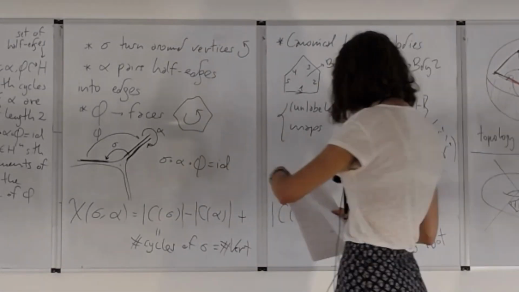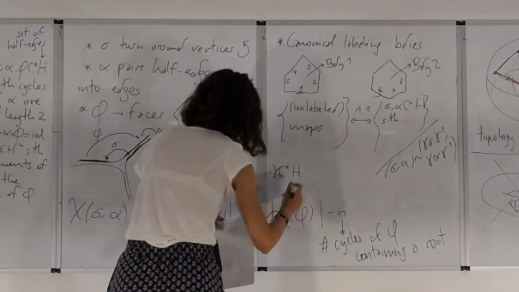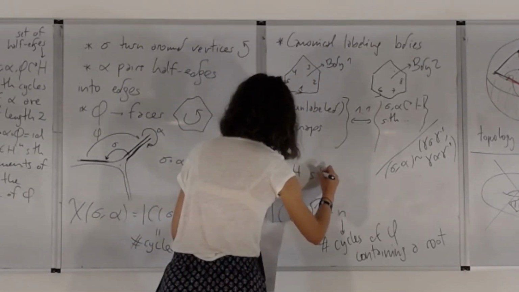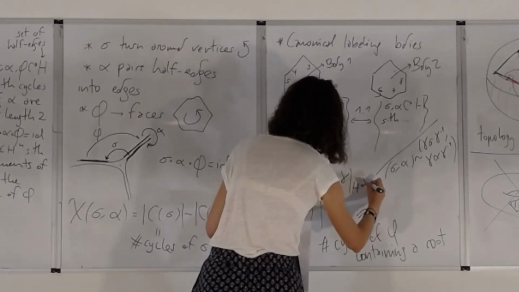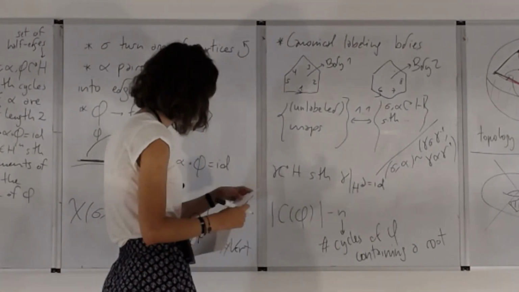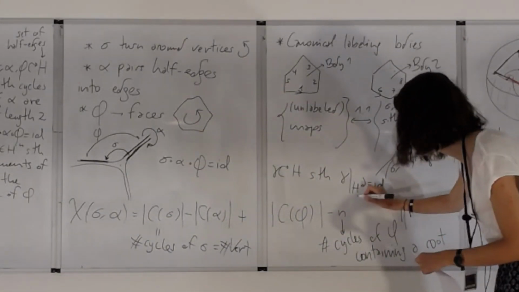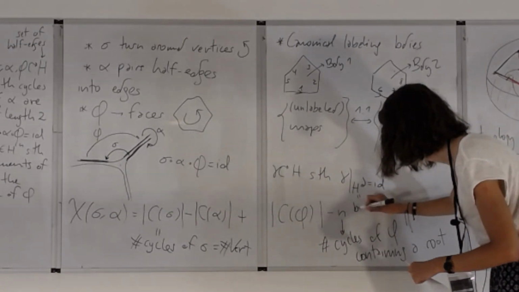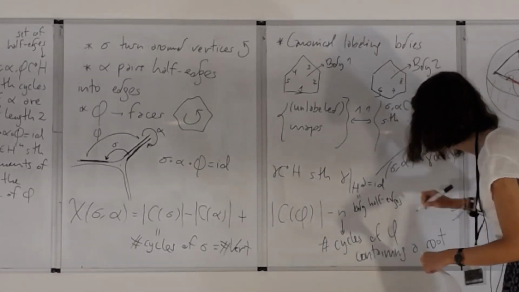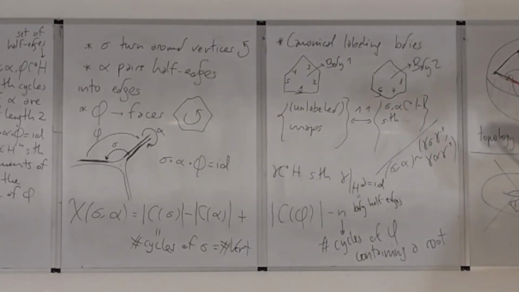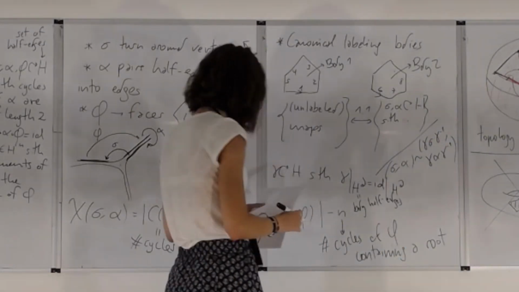So what is this gamma? Gamma is just a permutation acting on the half edges in such a way that it fixes the boundary. It's the identity on the boundary. So this is the subset of half edges belonging to the boundary, and this is the identity at the boundary.